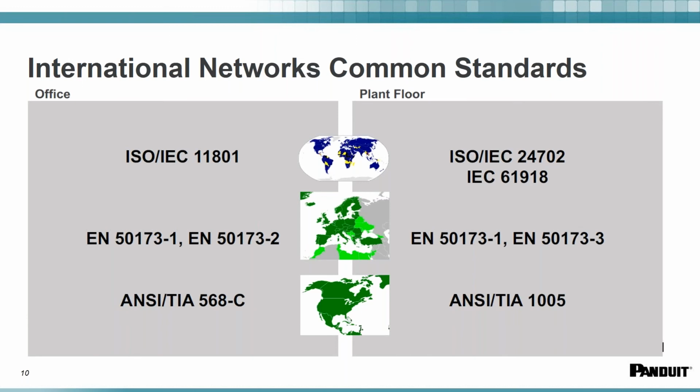Those requirements are different on the plant floor, and therefore the TIA 1005 is the specification that covers all of these extra requirements. So a communication media deployed in the factory system can survive that factory real-time operations, because they are going to be exposed to everything else that in an office area you wouldn't find.